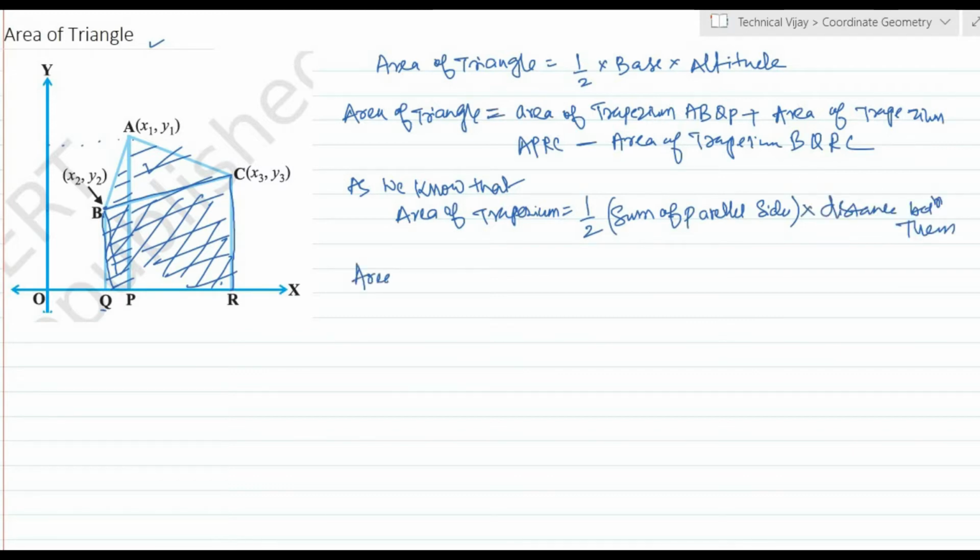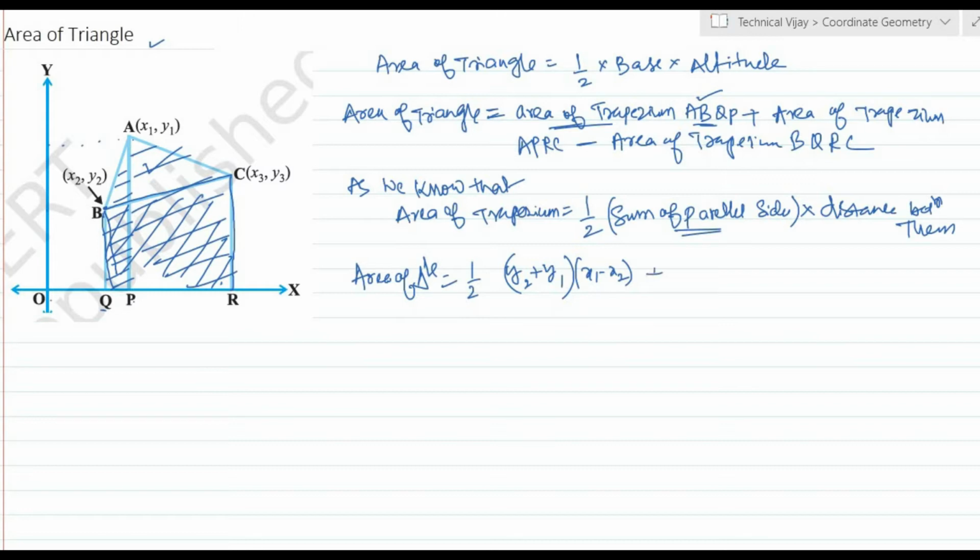So the area of the triangle equals the area of trapezium ABQP, which is half, the sum of parallel sides, y2 plus y1, and the distance between them, QP, which is x1 minus x2. This is the area of trapezium ABQP.